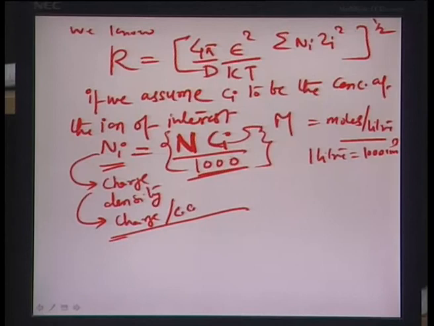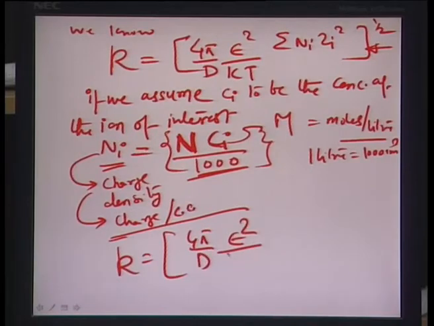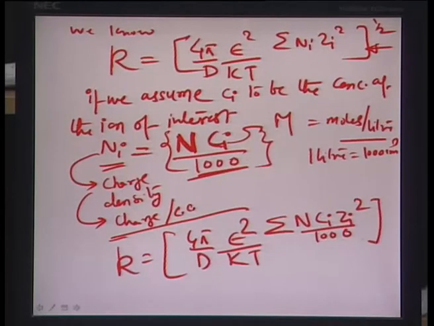If we substitute that back into this equation, we get the value of k as (4 pi d epsilon square by kT sigma n Ci Zi square divided by 1000) to the power of half.